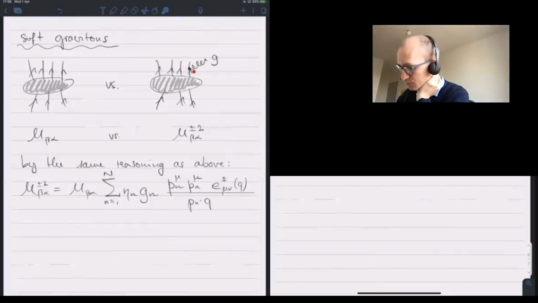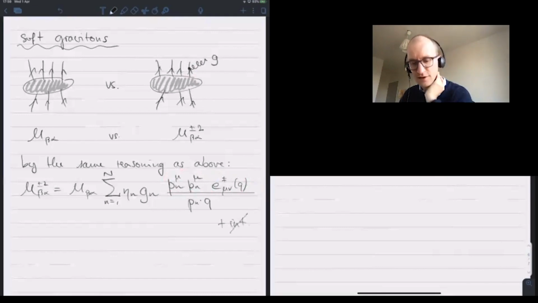So I add just 1 propagator factor for this particle, exactly the same propagator factor as I would have added for the photon. The only difference is in the numerator, where we have 2 momentum factors, as we did in our more fundamental treatment last time when we defined mass through the emission of a soft graviton. Then, of course, you would also have the internal contributions, but as we said, we can forget about them.